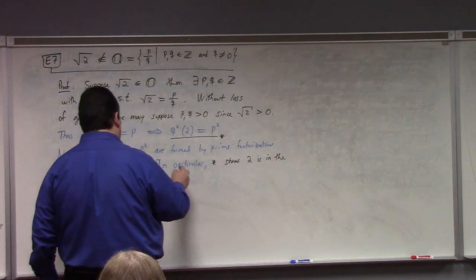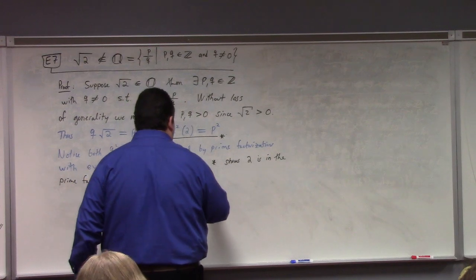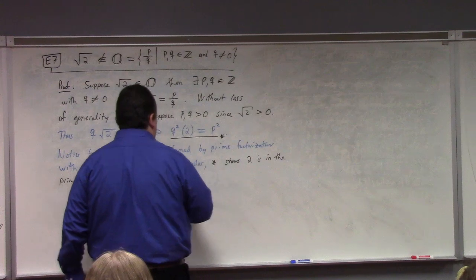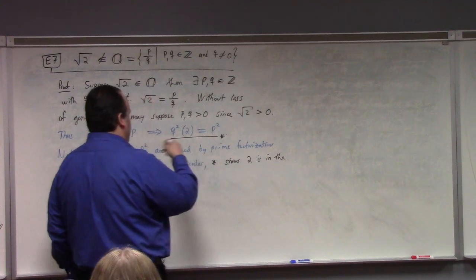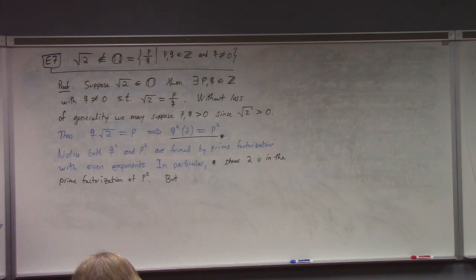So there are two cases, technically speaking, logically speaking. Either 2 is in the prime factorization of q squared, or 2 is not in the prime factorization of q squared, right?